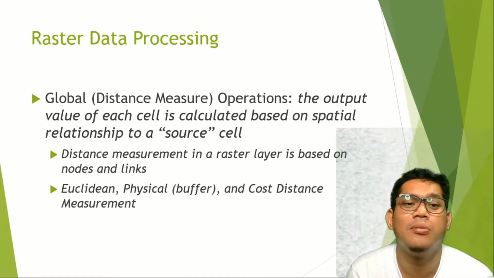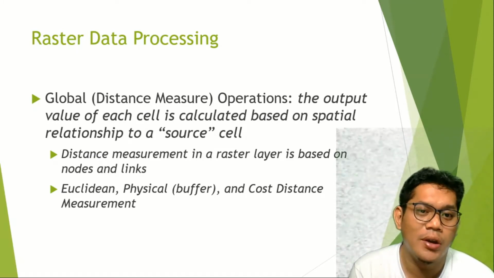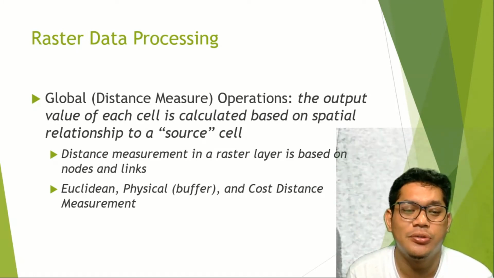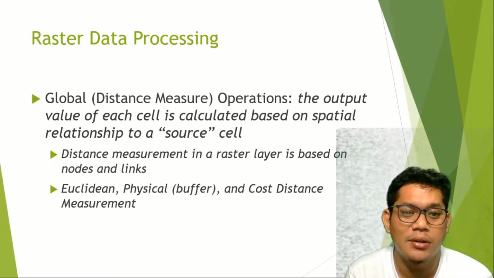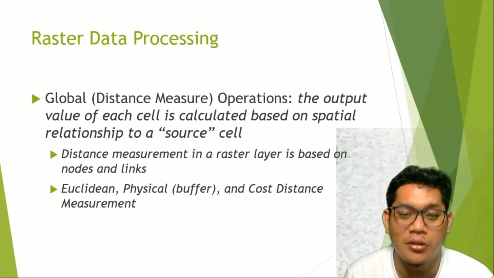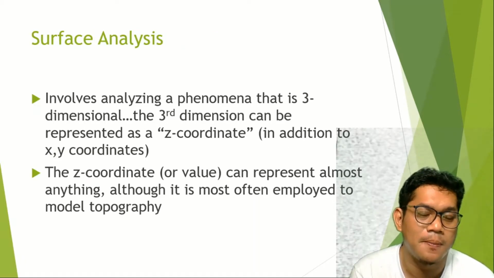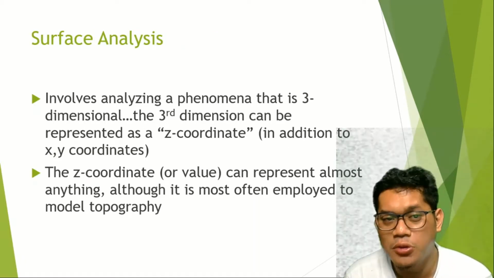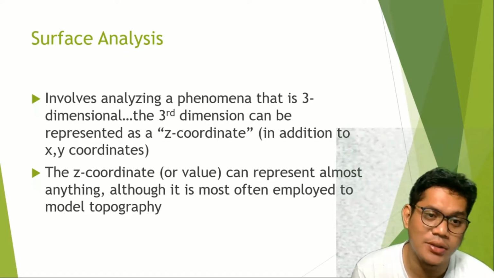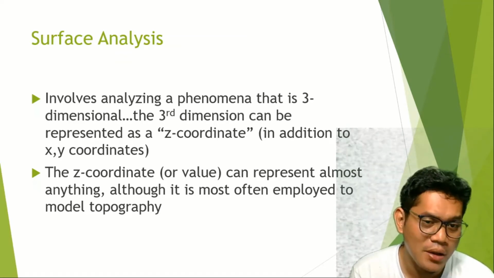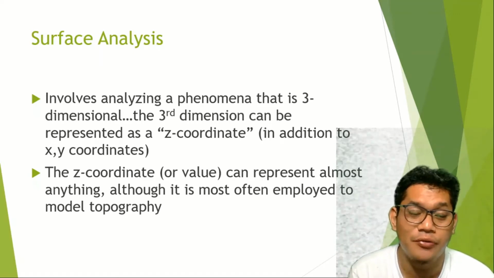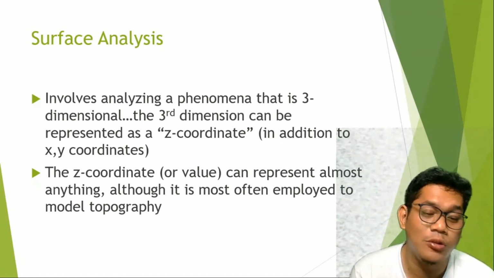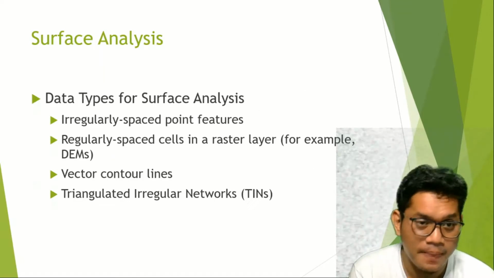Or using the global operations, where you try to calculate the distance measures of the rasters, and after that come up with buffering and cost distance measurement. Apart from that, we do have surface analysis, which involves analyzing phenomena where we have the third dimension, where it tells you about the phenomena, okay.